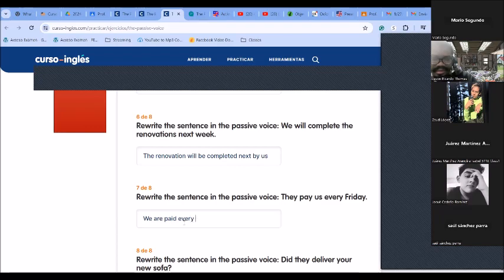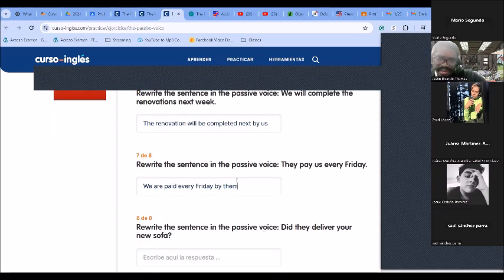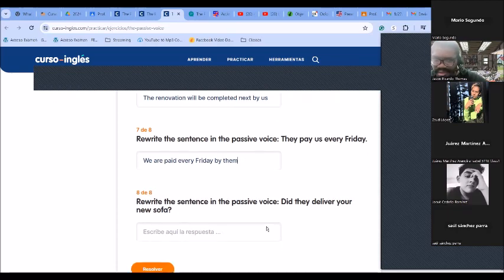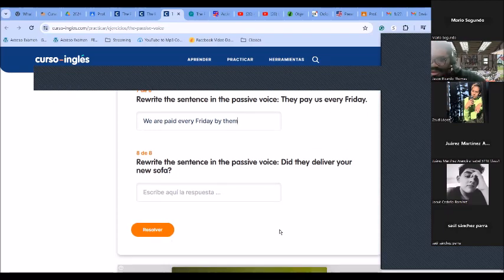Every Friday. If you want to include the subject agent, you go back and put "by them." All right, practice, Gustavo. We are paid every Friday by them. We are paid every Friday by them. Right, and remember, you don't necessarily need to have the "by them." It's complementary.